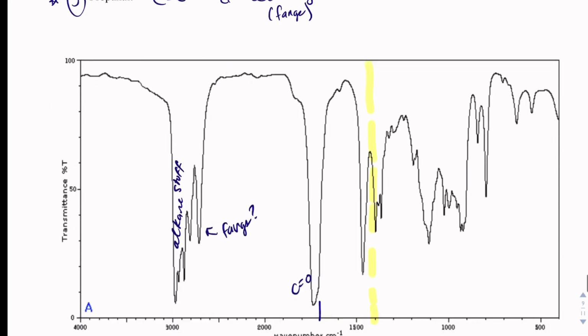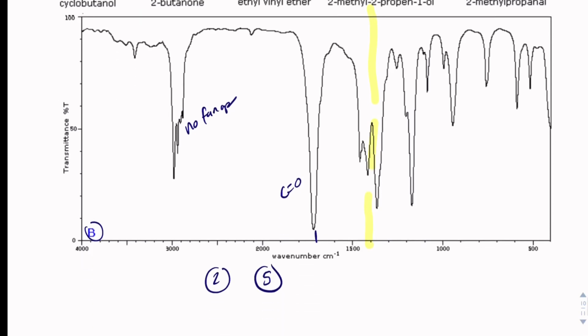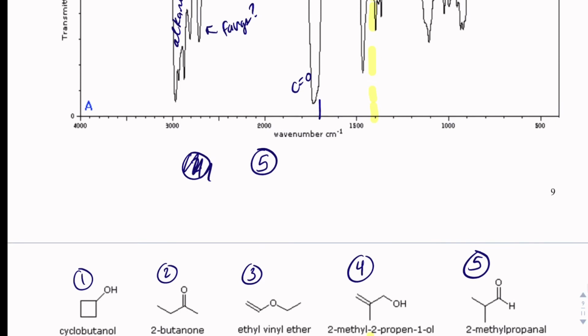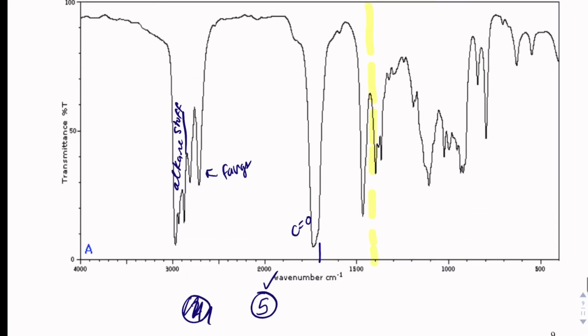So I want to see which one maybe has fangs. If I look at letter B here, this guy has no fangs. So automatically, this is number 2, and then this guy is number 5. Those were fangs, okay? Remember what I said earlier in the video, sometimes they get hidden.